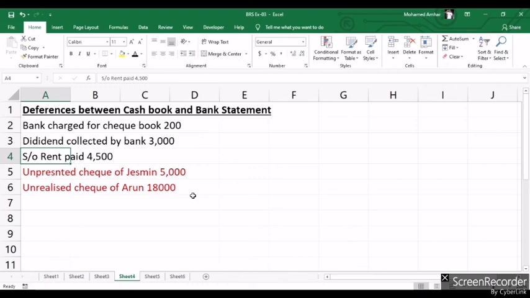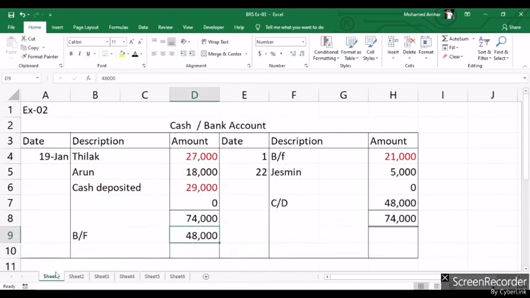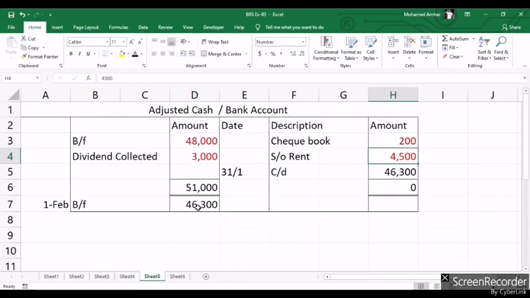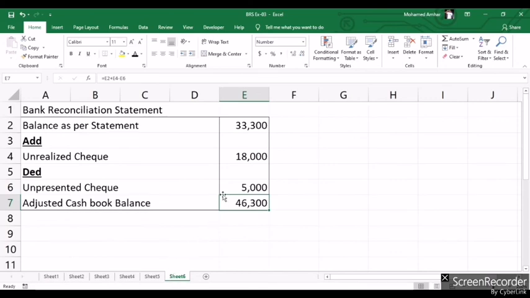This unrealized check has been debited in the cash book when the check was received, so the adjusted cash book balance includes that amount.